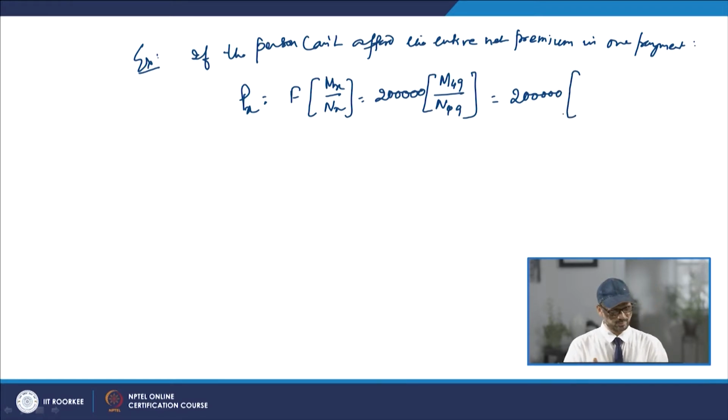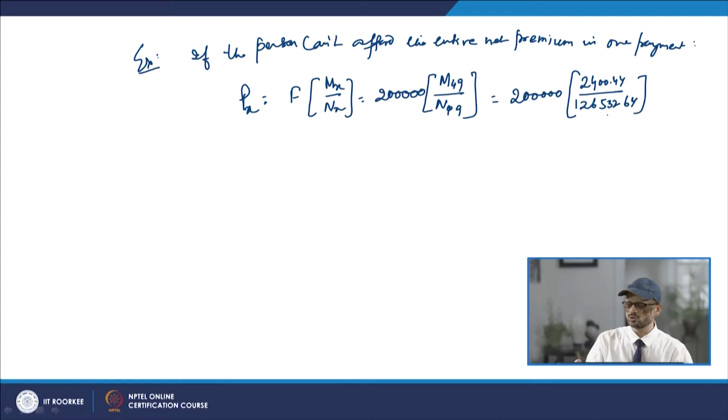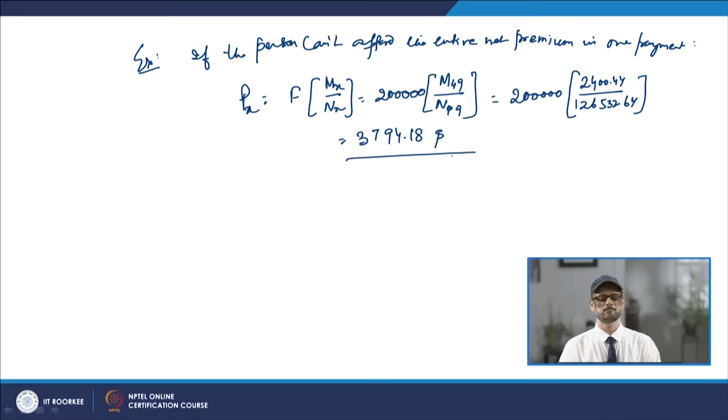multiplied by 2400.44 divided by 126,532.64. So, that way you can calculate these values, and it will be coming as 3794.18. So, basically what you see is that for earlier cases you had to pay 56,978 rupees, which was quite a huge amount at a single time.